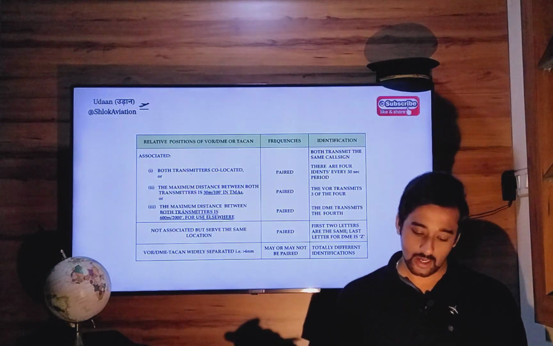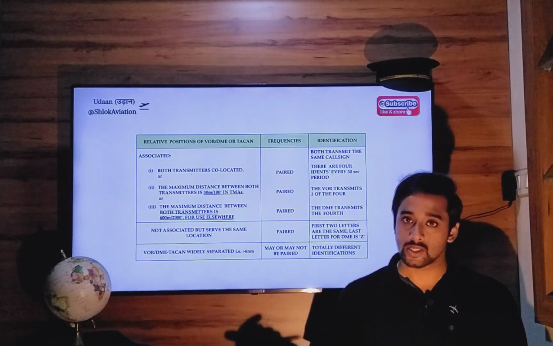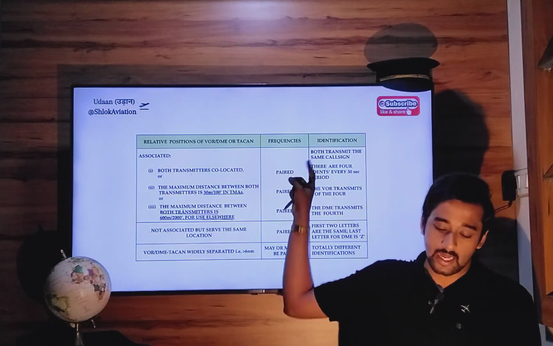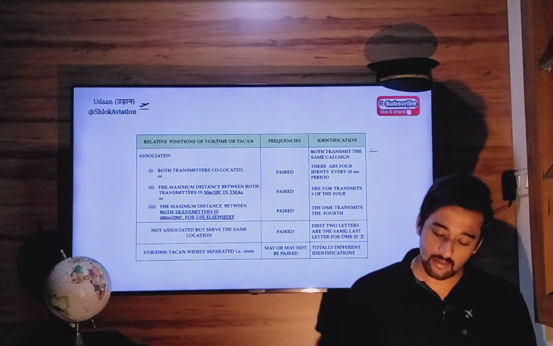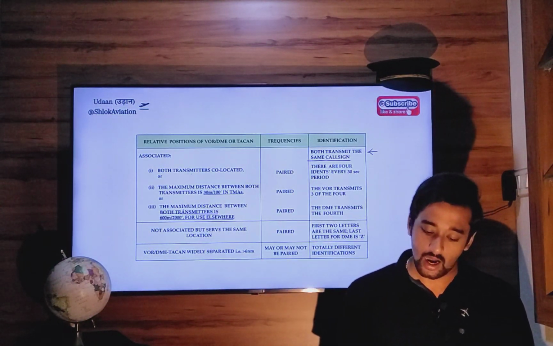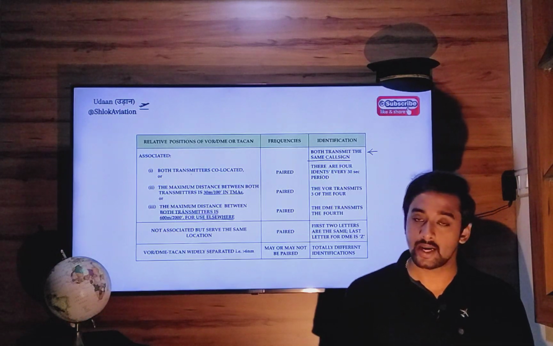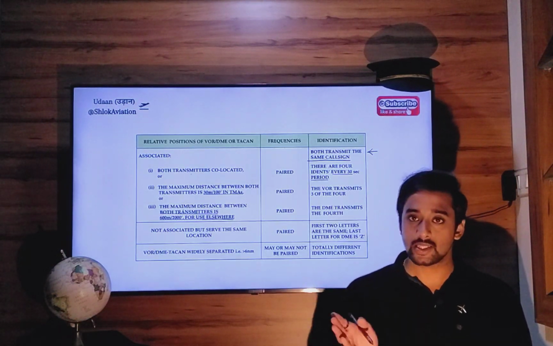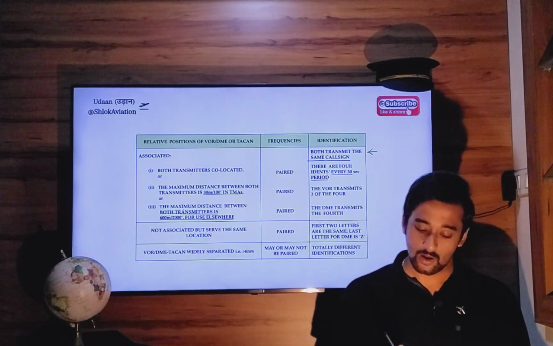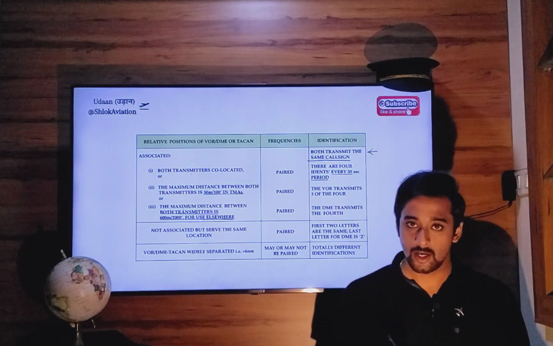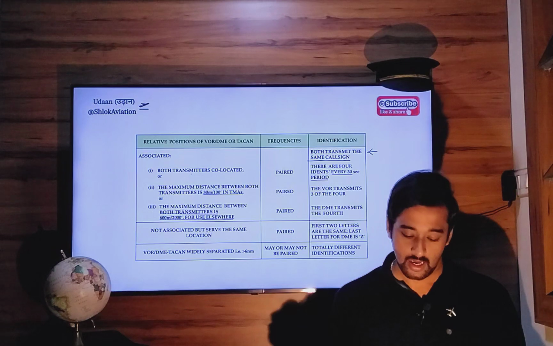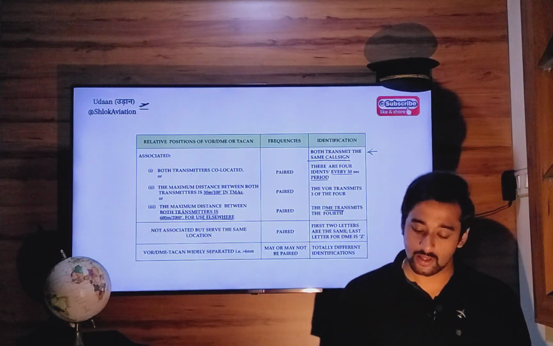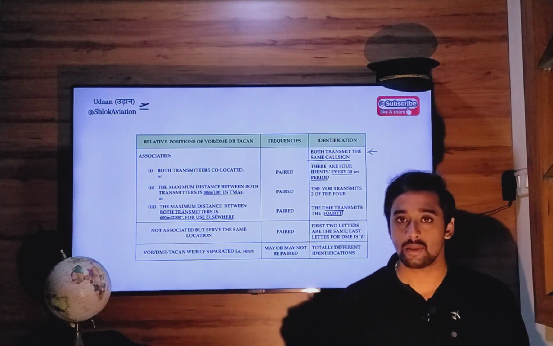Identification, very important. Both the VOR station and the DME station transmit the same call sign. There are 4 identifications you will hear every 30 seconds. The first 3 idents that you hear belong to the VOR station, and the last ident that you will hear will belong to the DME station.